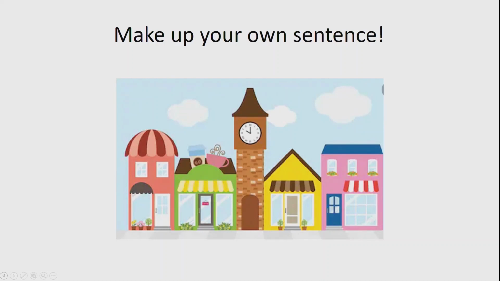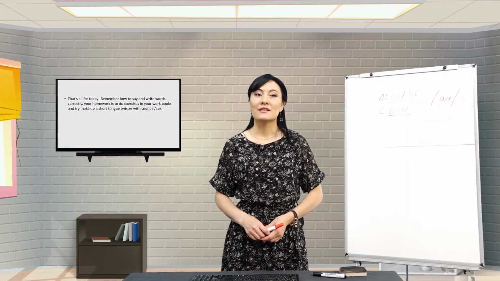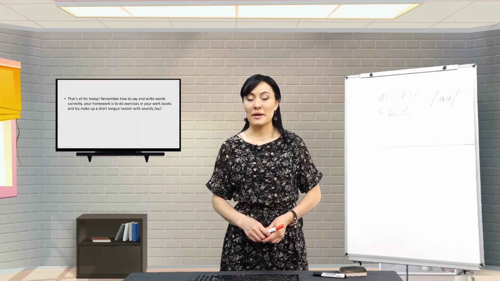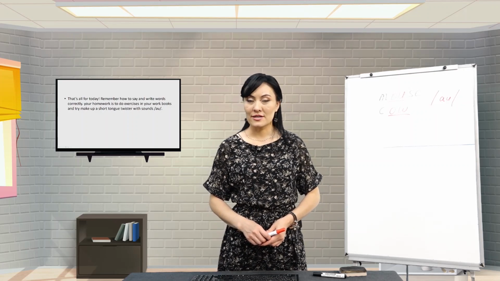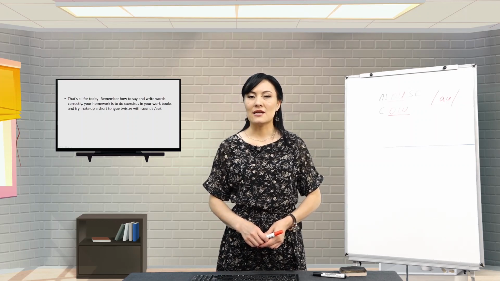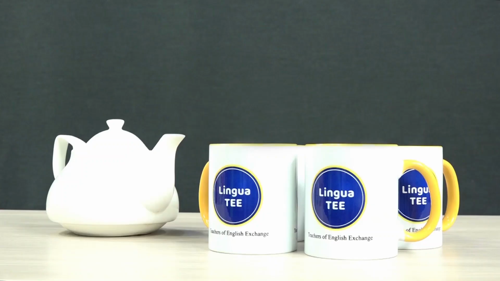There is a tower in the town. What about this picture? There is a cow on the ground. Yes, good job. That's all for today. Remember how to say and write words correctly. Your homework is to write sentences with the sounds OW. Goodbye. Thank you.